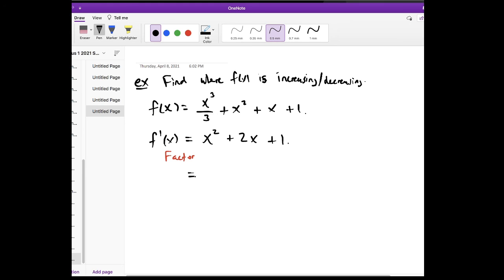What does this factor out to be? Yes, x plus 1, x plus 1. And to be more clear, x plus 1 squared. So the squared part should tell you something.